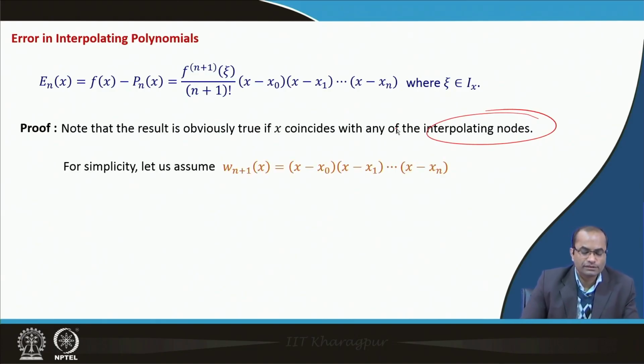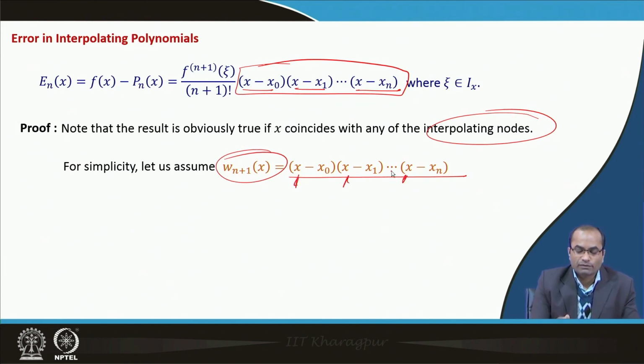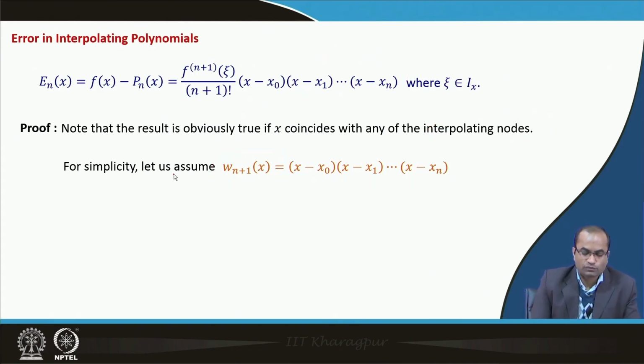Now, for simplicity, because there was a lengthy product here, x minus x0, x minus x1, ..., x minus xn, we denote this product by w n plus 1. The n plus 1 is actually the degree of this polynomial, because this product is nothing but a polynomial of degree n plus 1.